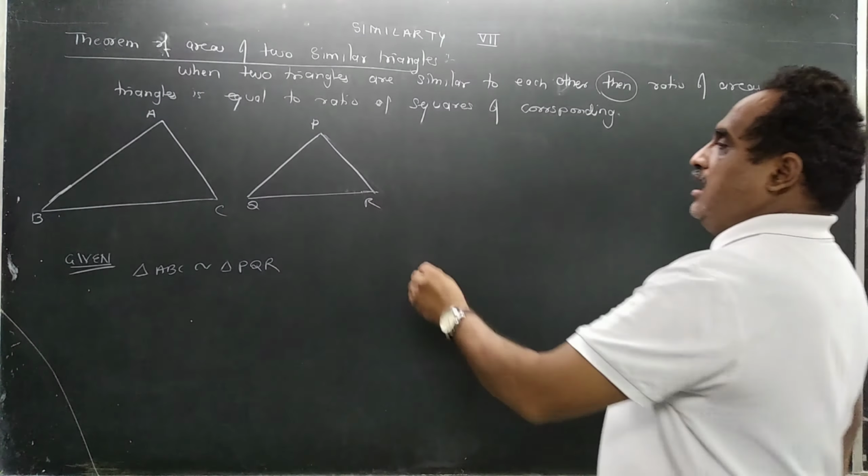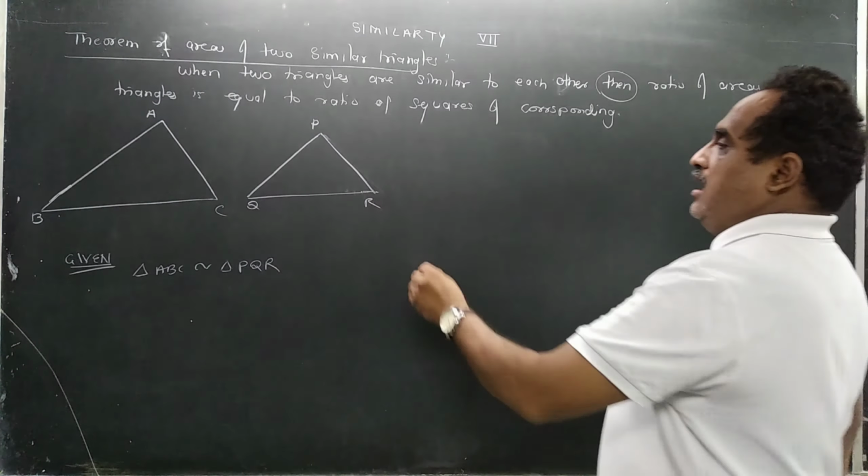We are asked to prove that the ratio of areas of those triangles, meaning area of triangle ABC upon area of triangle PQR, is equal to the ratio of squares of their corresponding sides.